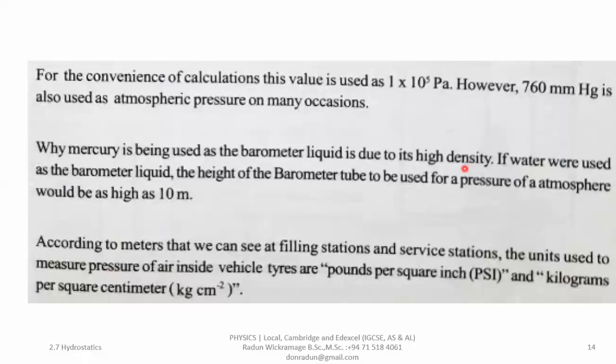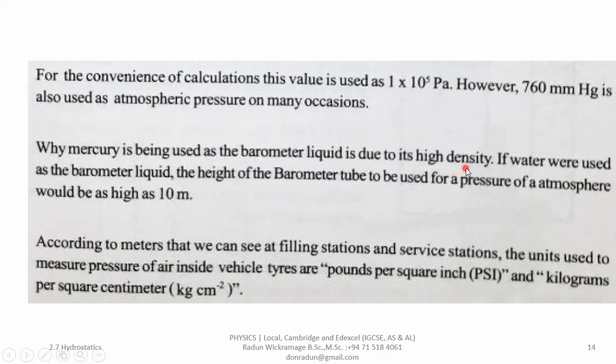Okay. For the convenience of calculations, the value of atmospheric pressure is taken as 1 into 10 to the power 5 pascals. However, 760 millimeters of mercury is used as atmospheric pressure on many occasions. So you need to do the conversion whenever necessary. Why is mercury used as the barometer liquid?